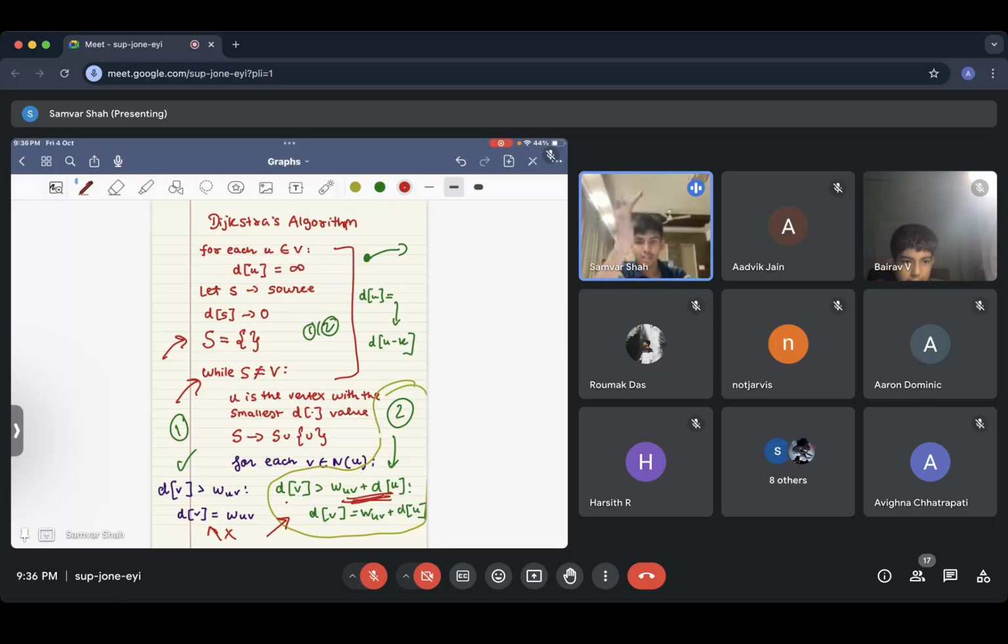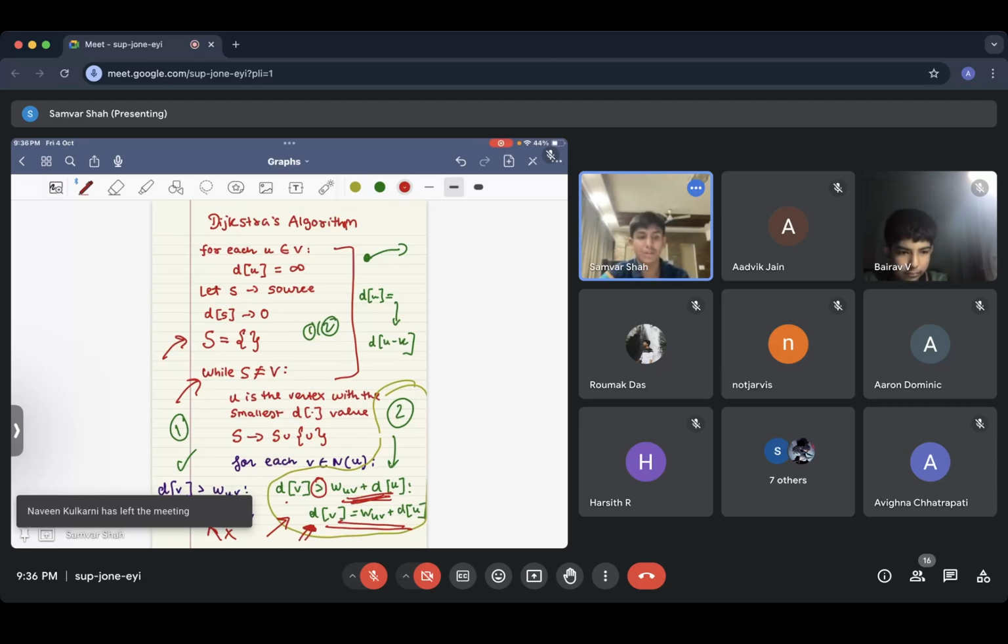So you have to consider the entire path, and if that with an added vertex makes it shorter or not. And only if it does, then do you change it. The greater than sign case means that what you already had was more optimum, so you don't have to change anything. But in case it was lesser, then you would be changing your dv, which is distance of v, to this value. Does that make sense?